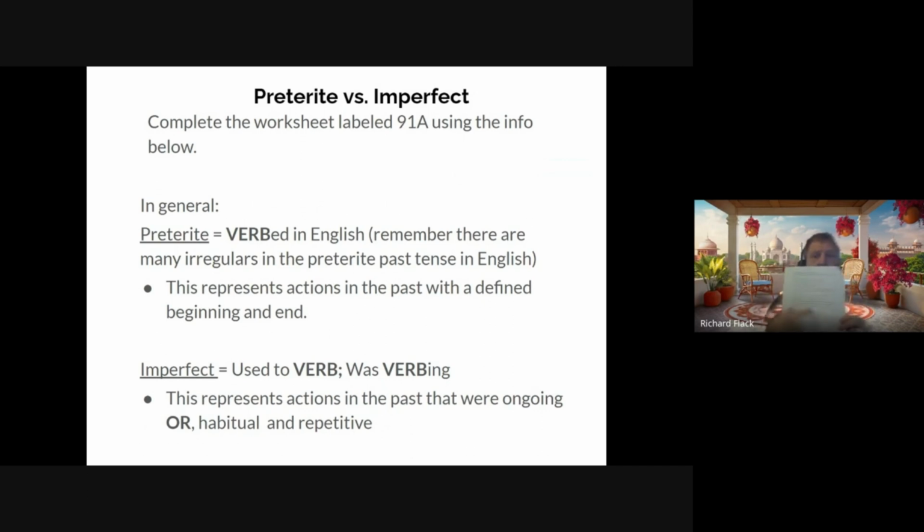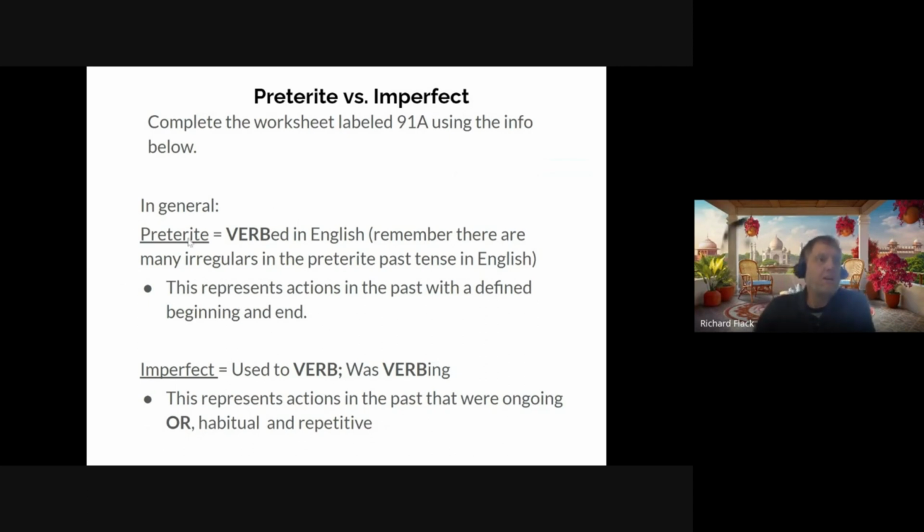And we're going to be working on these two sets of practice sentences. So you're going to choose whether the sentence is calling for the preterite or the imperfect based off this info on the screen. So you might want to write this down at the bottom here where you have some extra space.